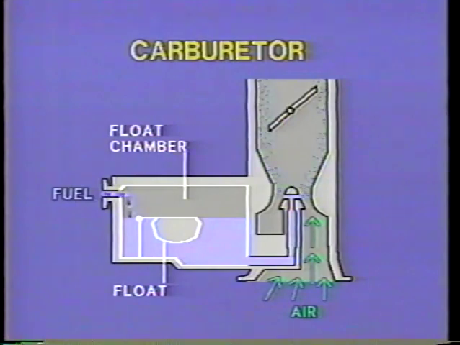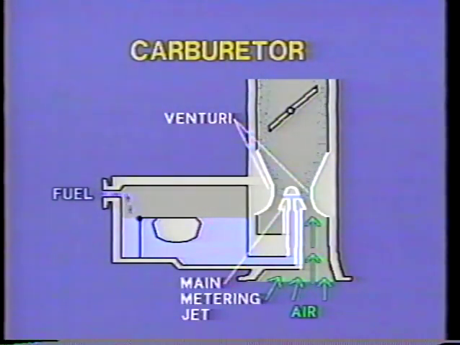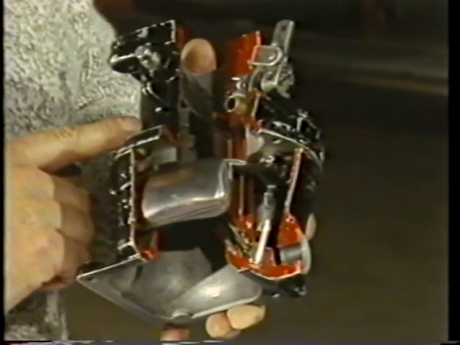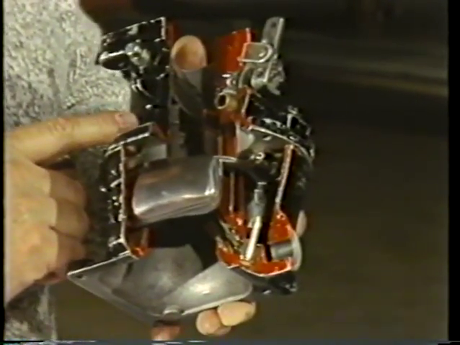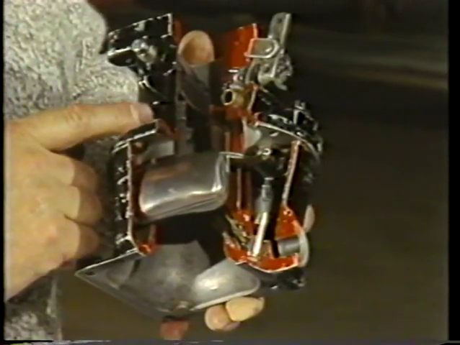So we have atmospheric pressure in the float chamber, we have low pressure in the venturi. The fuel is forced then up through the metering jets and out the discharge nozzle in the venturi. Here the fuel is atomized and mixed with the air and then taken onto the intake pipes and into the cylinders. And of course, this is the area where we're concerned about icing.